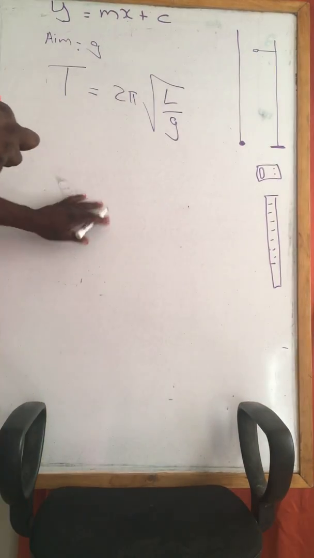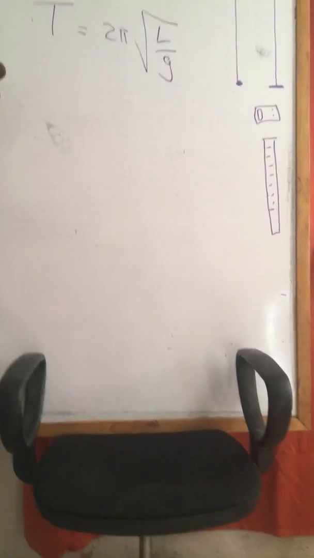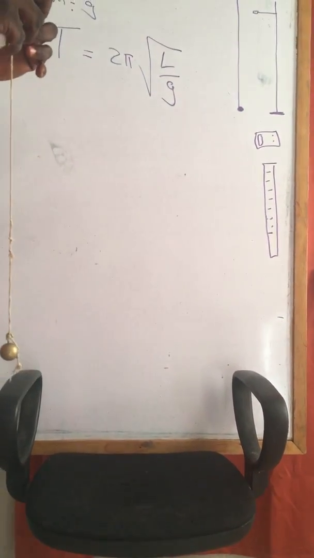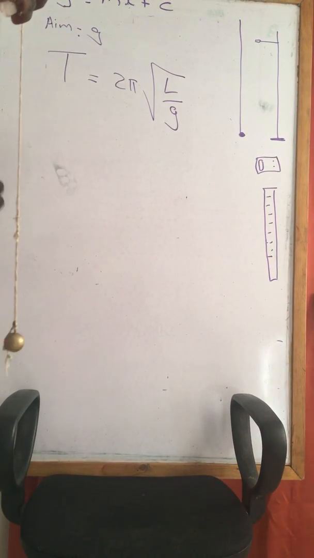But what if instead of doing one swing, we take, let's say, 20 swings?